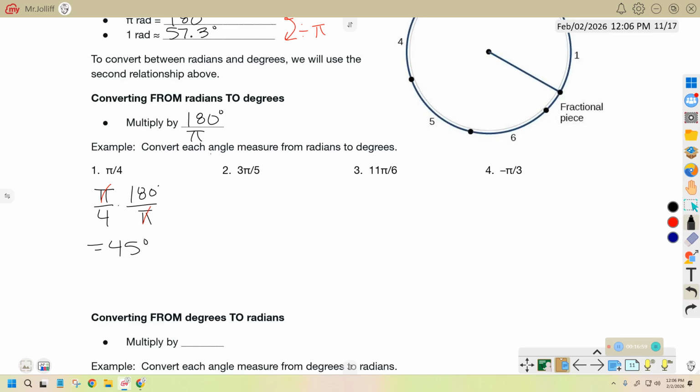I'm going to give you a minute because I see pencils moving. Okay, next one. It says 3 pi over 5, convert from radians to degrees. Sylvia, what am I going to do?